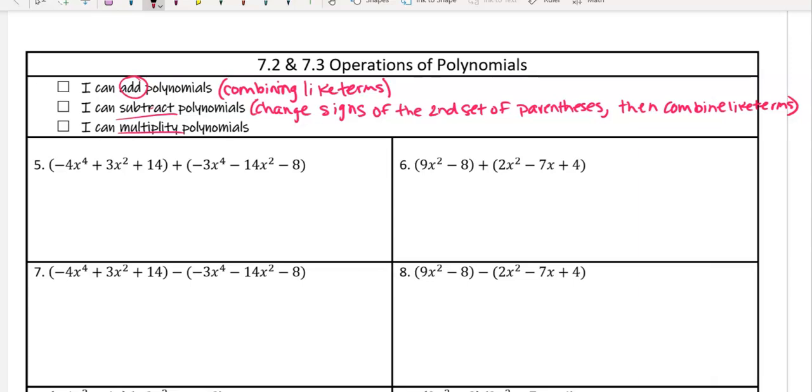Hopefully that's not too jumbled together. It says change signs of the second set of parentheses, then combine like terms.